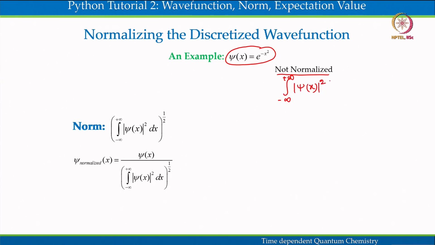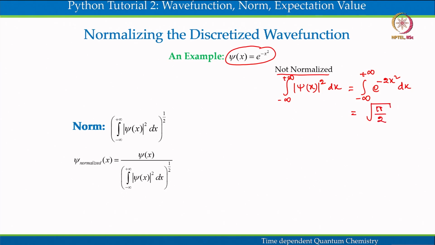So we have to take the square of the absolute value of this wave function and then take the integration of it. This integration is going to be minus infinity to plus infinity e to the power minus 2 x square dx. This is nothing but square root of pi by 2. This is the standard Gaussian integral which we have been using in this course on many occasions.